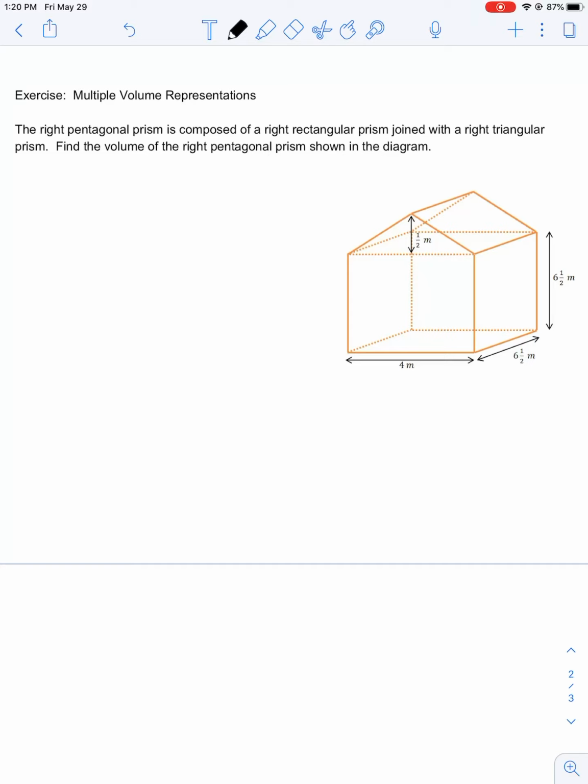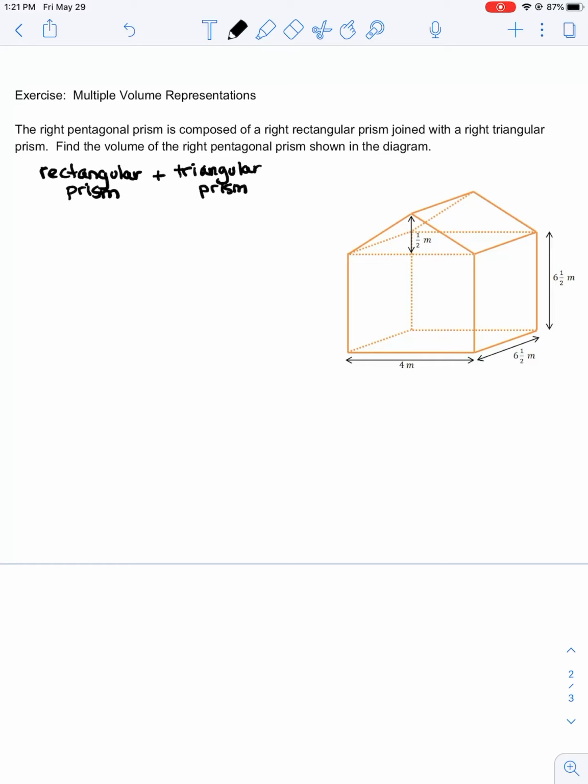Well, it would be this rectangular prism, and we are adding the top. So we are adding two things. We have to add the rectangular prism, and then we're going to add the triangular prism. And that's going to give us the entire figure.